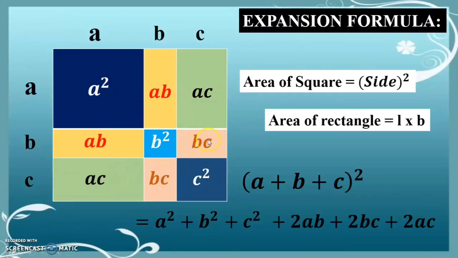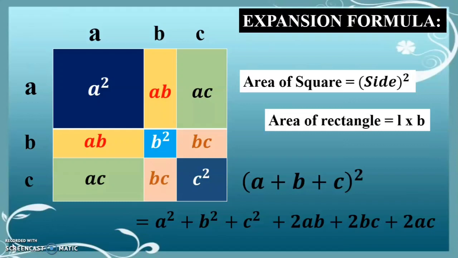Similarly, 2 times bc and plus 2 times ac. So with this, we have derived the formula for (a + b + c) the whole square using geometry.